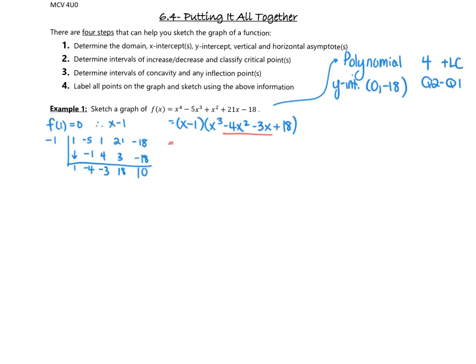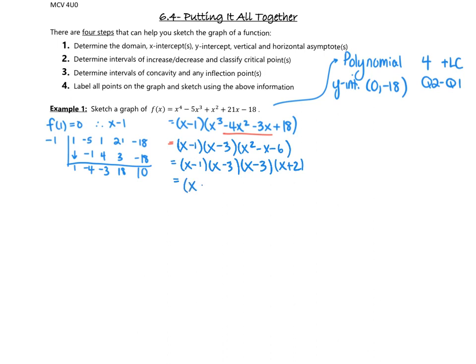Okay, so given that 3 works here, we have an x minus 1 still. That means we have an x minus 3. And then our quotient, what's left from that division, we should get this. We can factor that further to be (x minus 3)(x plus 2).